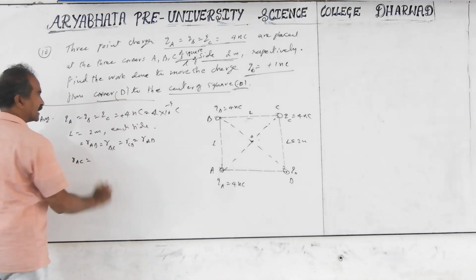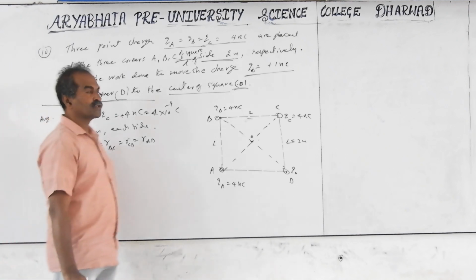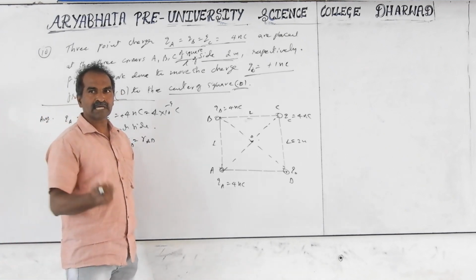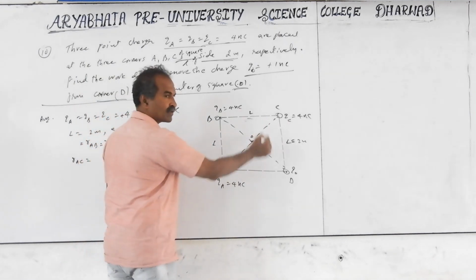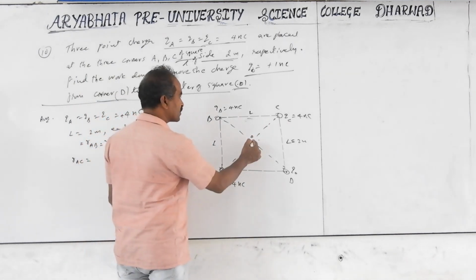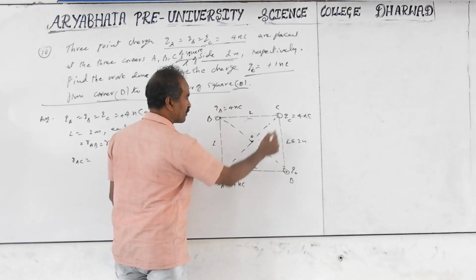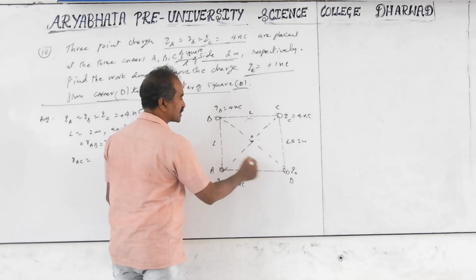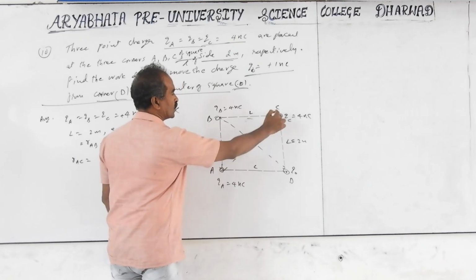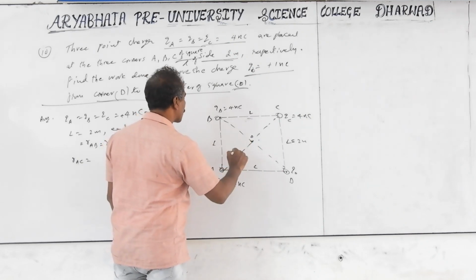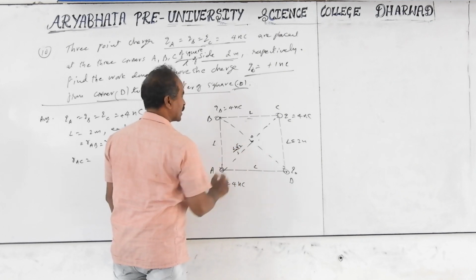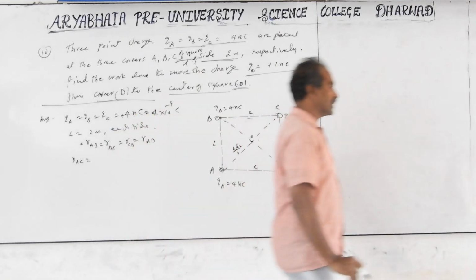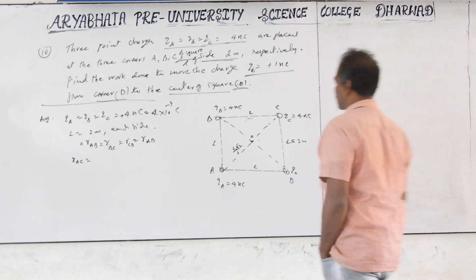RAC is the diagonal, which means you need to calculate all the charges including this. So at this point, if you want to find the potential, you must know these distances for all charges. The sides are L and L, so by Pythagoras in the right angle triangle, the hypotenuse is L root 2. Half of the L root 2 is L root 2 by 2, which becomes L by root 2, the distance.